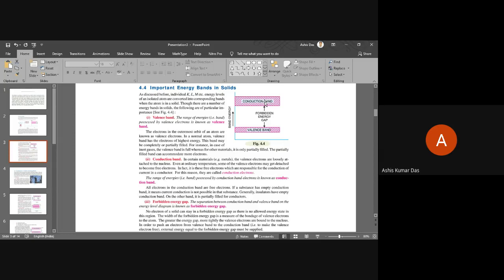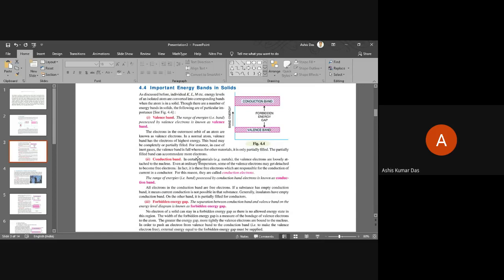In a semiconductor, as we will see in the next slide, the energy band gap between the conduction band and valence band is nearly 1 electron volt. It may be less than 1 electron volt, or slightly above 1 electron volt. So from this energy band description, we can ascertain what is an insulator, what is a conductor, and what is a semiconductor.